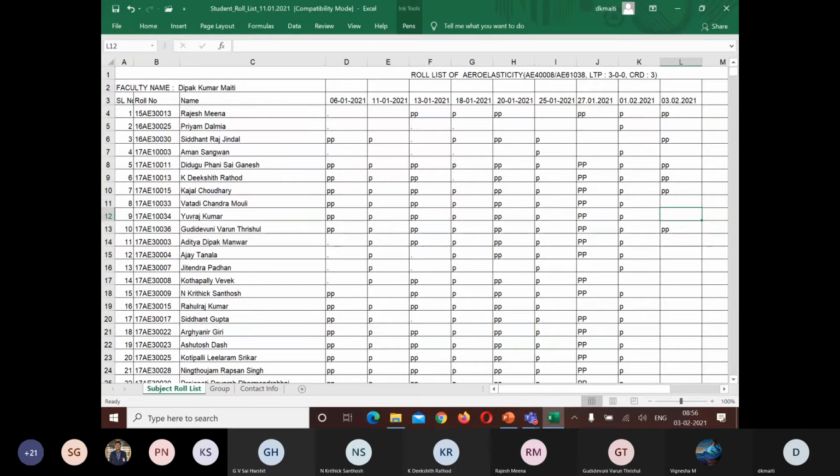Yuvraj Kumar, present, sir. Okay. Aditya Deepak. Ajay Tanla, present, sir. Jitendra Pradhan, present, sir. Kodapalli Vivek.